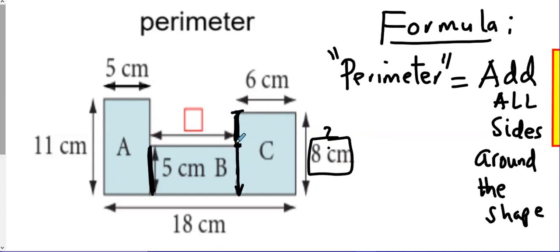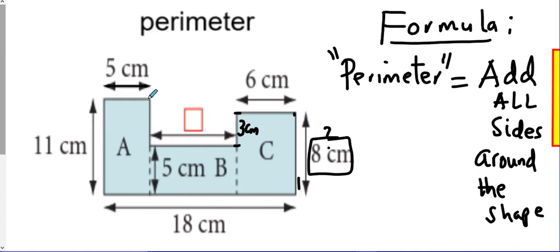So the missing number here will be 3 centimeters, because 3 centimeters plus 5 centimeters, total will be 8. I hope that is clear.